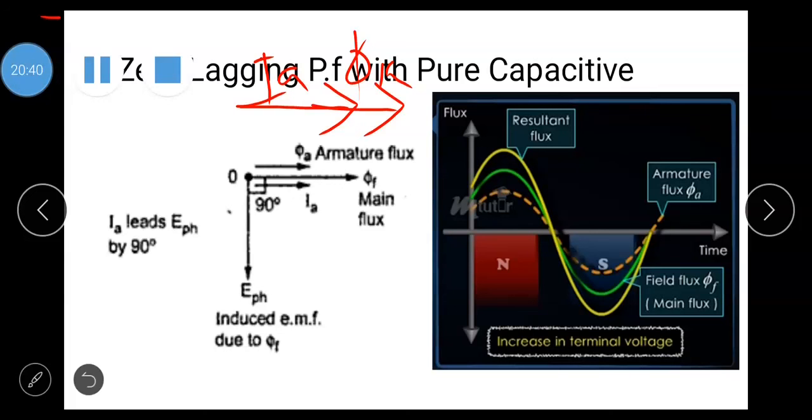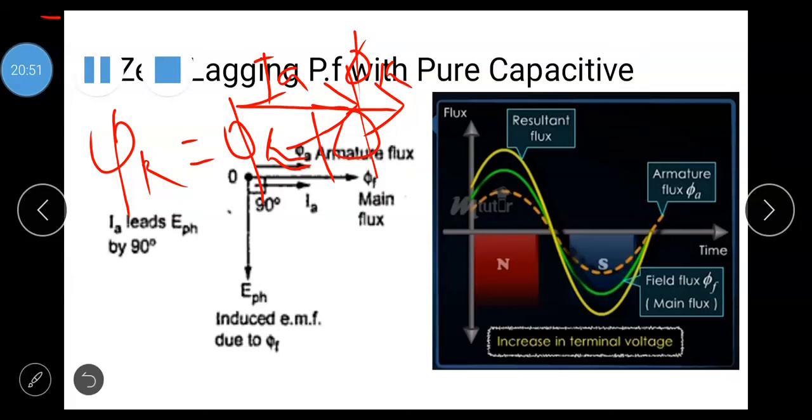The resultant flux phi R equals phi A plus phi F. So there is an increase in the terminal voltage, because both fluxes aid each other, the resultant flux is much more, and it increases the terminal voltage.